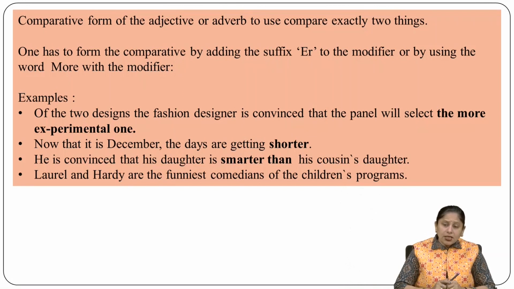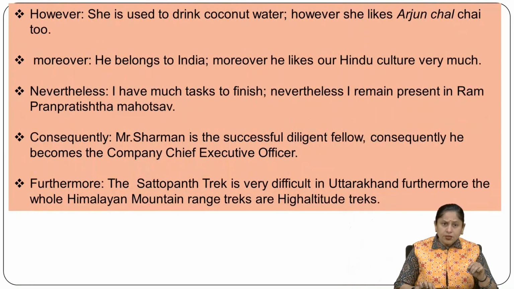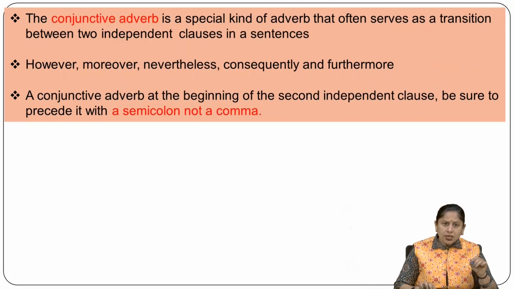The funniest again is the word which shows that it comes as the modifier for the noun comedians, the funniest comedians of the children's program. So here these are the adjective modifiers, but we have to again understand the adverbial modifiers which we had already completed, yet there are some other conjunctive adverbs which are left and that we have to understand in the end.